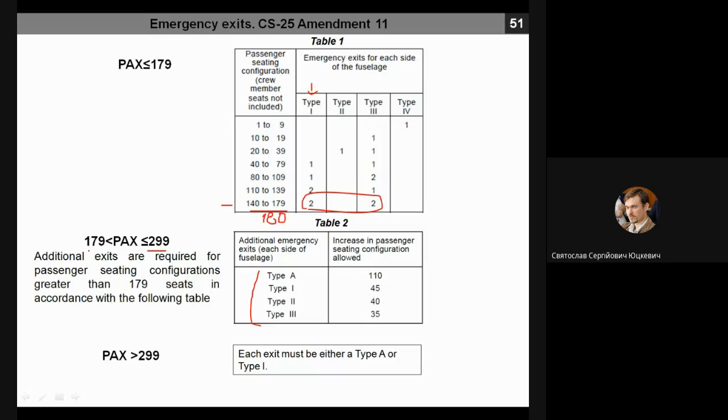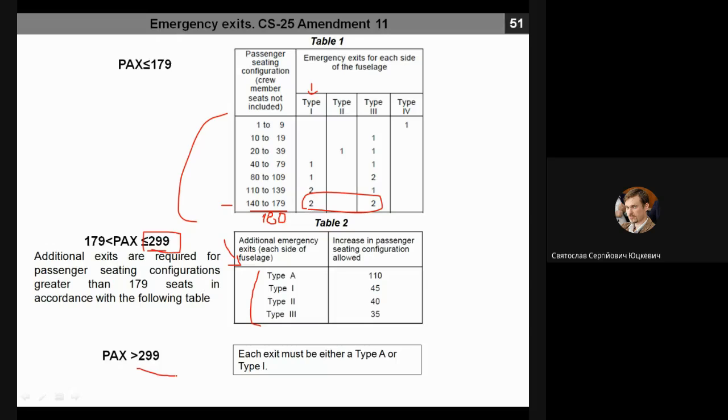So again, we have a standard approach for the determination of the type of the door on the board. We will add to this combination extra door from this list up to the 299 passengers.